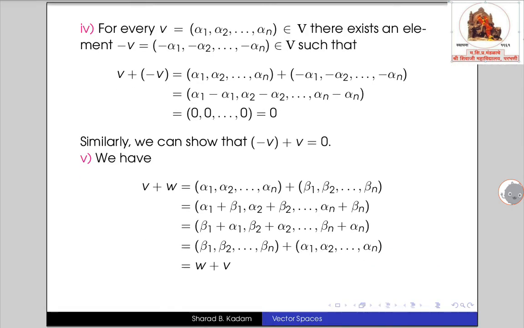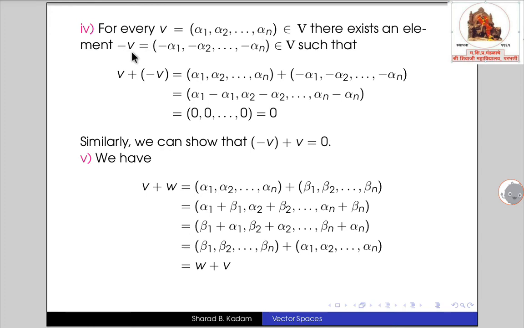Next, fourth property is existence of additive inverse. So for every v in the set V, there exists an element minus v. Here v is an element whose first component is α1, second component α2, and nth component is αn.